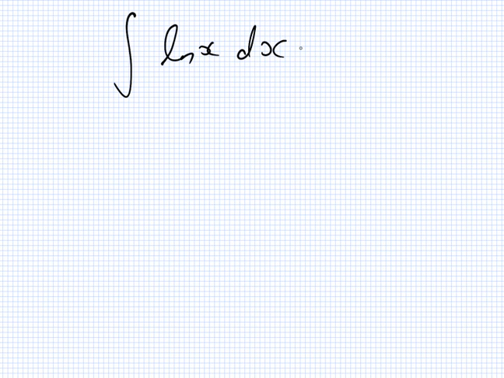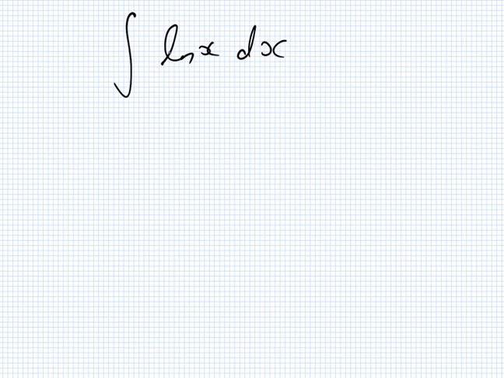What is it? No, that's the derivative of log x, which is 1 over x. What's the antiderivative? No. We don't know. We haven't actually done it, believe it or not. But now, with this new technique from today, we can do it.